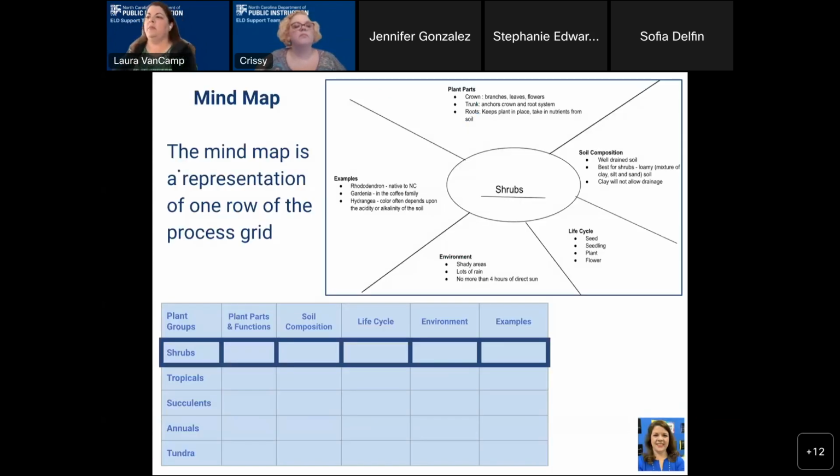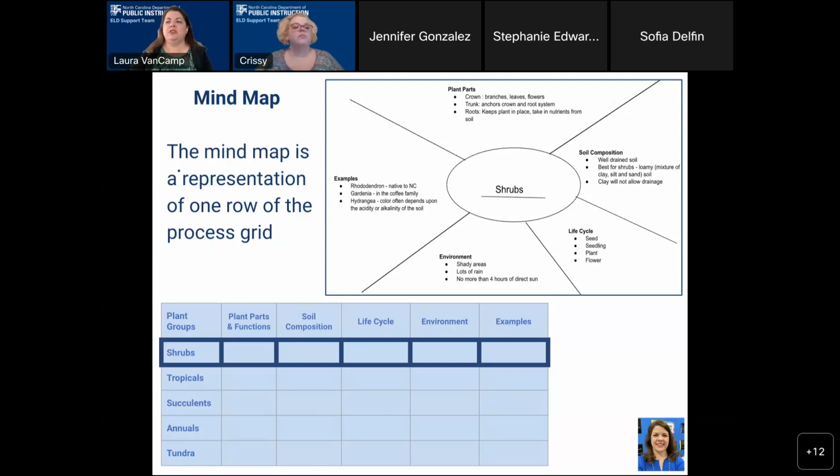So this is a little bit more clear. This is a mind map that is filled out at the top. So you'll see that the shrubs, you're familiar with that now with the pictorial input that I did. So you can see that this just transfers all of that information from the pictorial input chart into the mind map for shrubs.